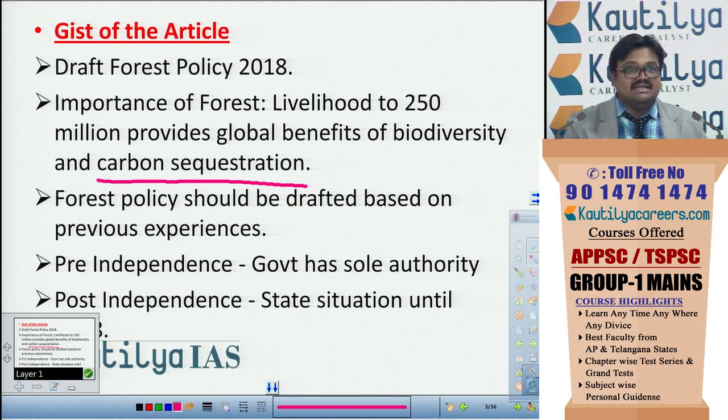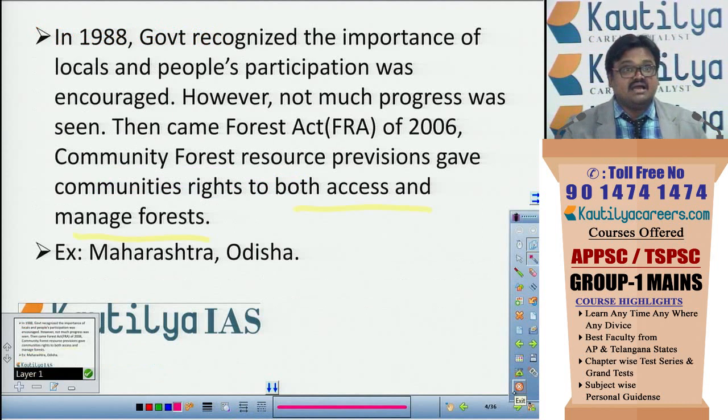But post-independence, the situation did not change until the 1988 forest policy. The 1988 forest policy recognized the importance of locals, and people's participation was also encouraged. So the 1988 policy recognized the concept of people's participation.